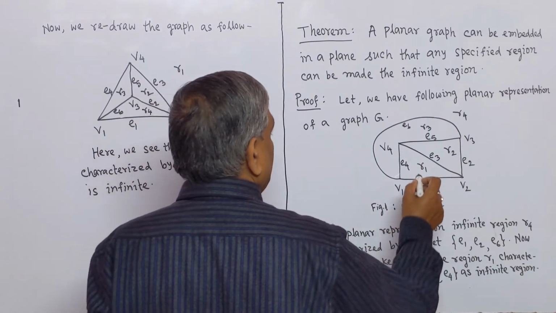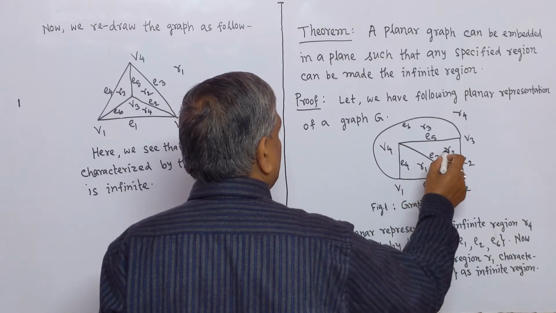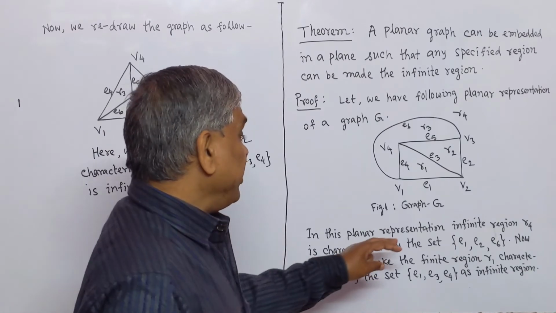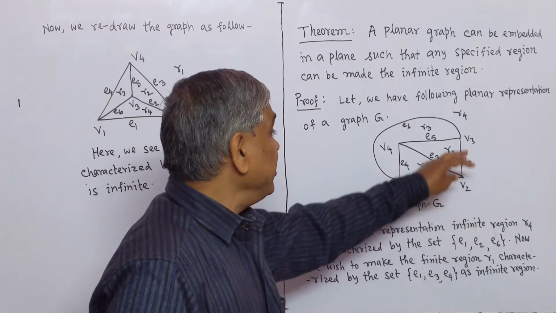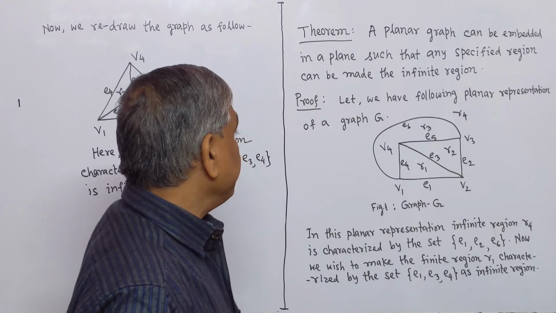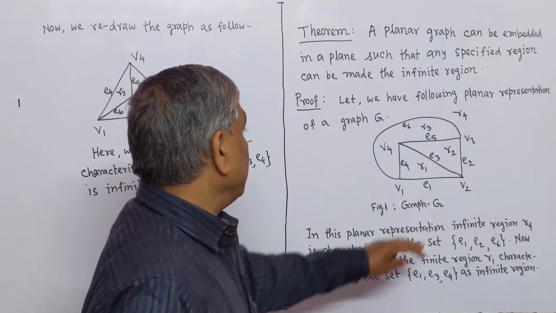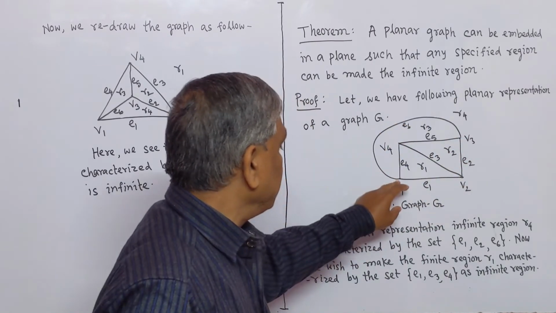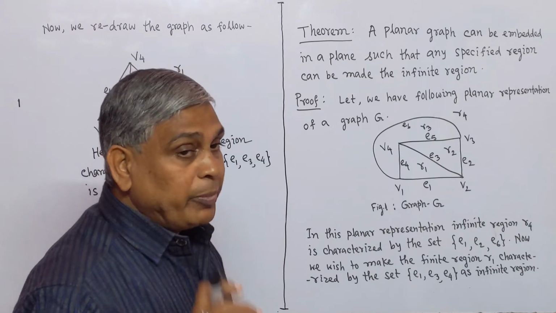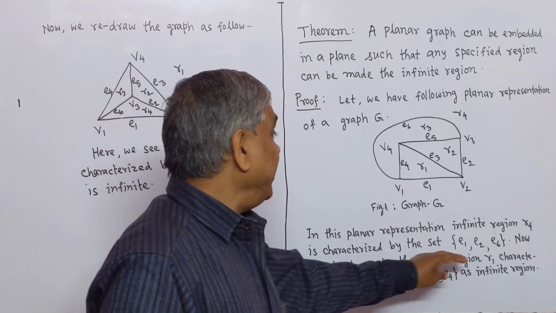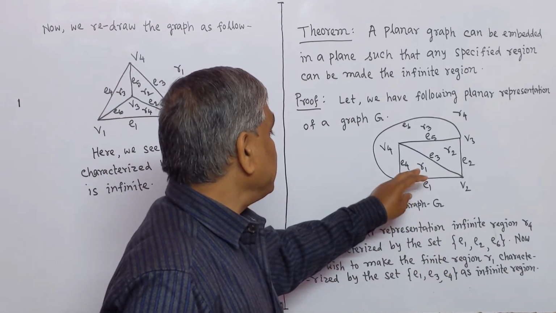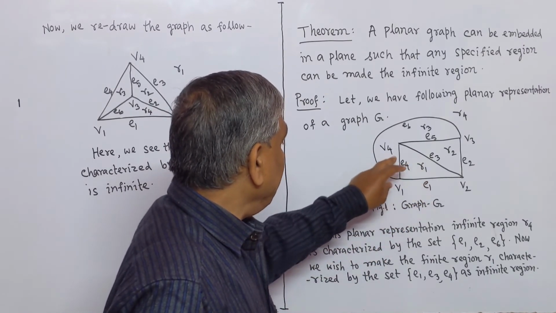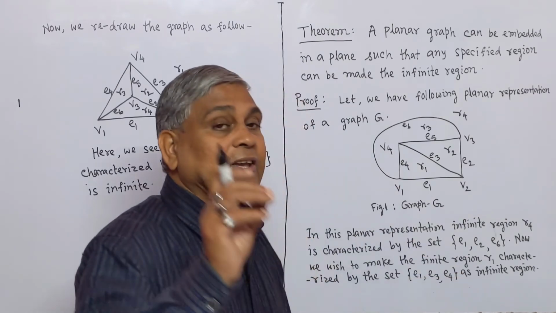Regions are R1, R2, R3 and R4. In this planar representation, the infinite region is R4, characterized by edges E1, E2 and E6. We wish to make the finite region R1, characterized by edges E1, E3 and E4, the infinite region.